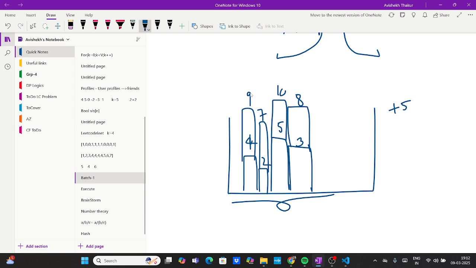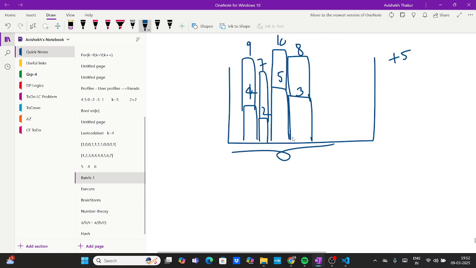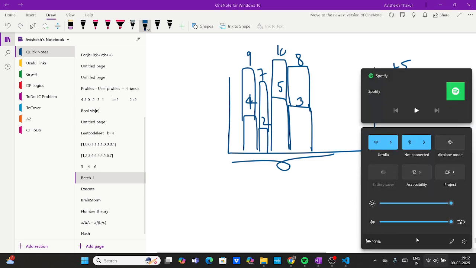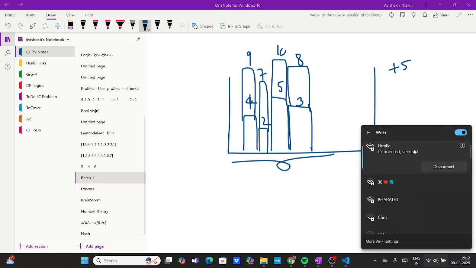Now, bro, it's not loading at all. I think, is it an issue for myself or everyone? I don't know. I cannot do anything about my connection, guys, so you have to bear. And I feel there is a problem with OneNote only.